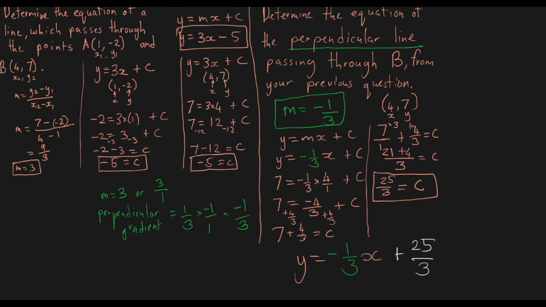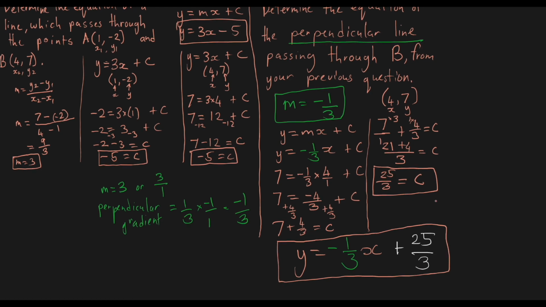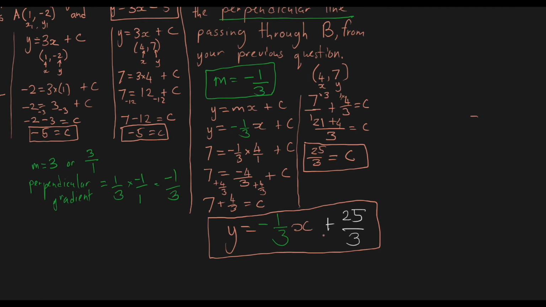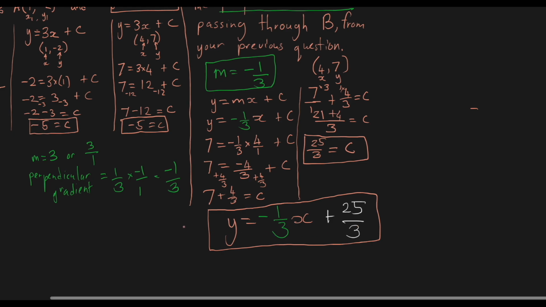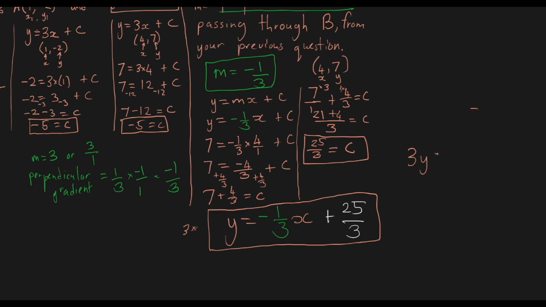So this is the equation of the line in this form. Just to link it back to the other forms that we had, if you look at this, all of them have a denominator of 3. So if we multiply this entire equation by 3, the y by 3, the 1/3 x by 3, and this by 3, we end up with 3y is equal to negative x plus 25.